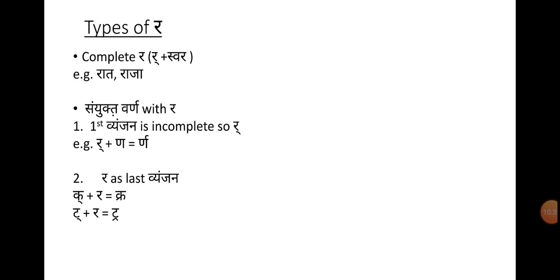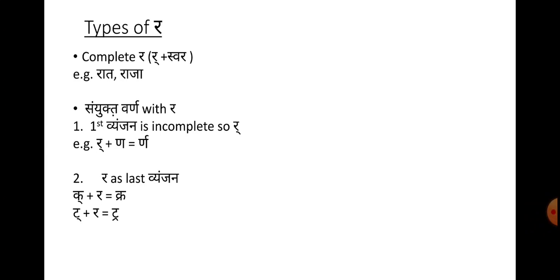So let's summarize types of R. First type is complete R, that is R adhik some swar, like Rat, Raja. Another type of R is when R is present in Sanyukta Varna.